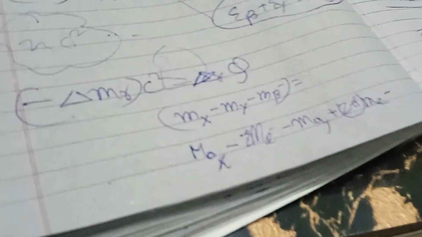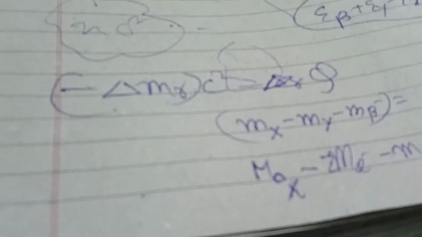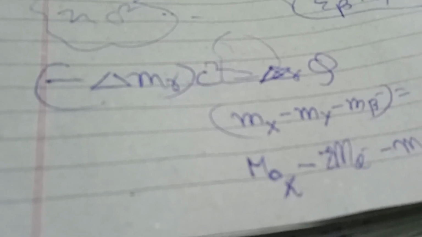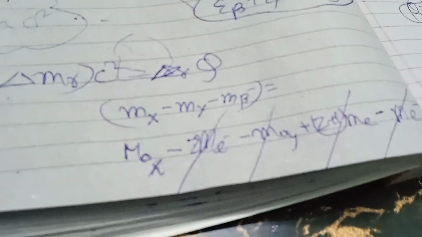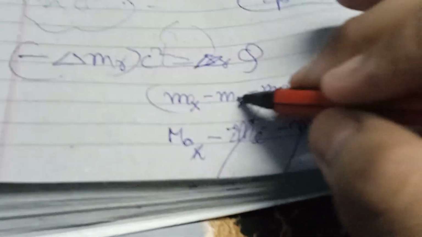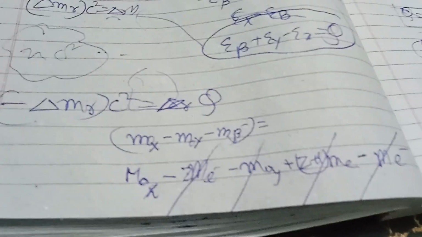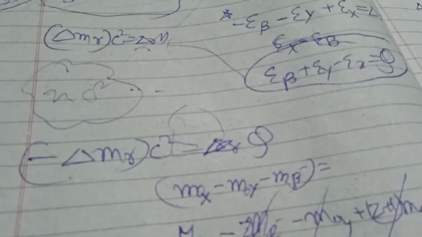Oh, here it would be plus. I'm sorry. Minus m of electron. This gets cancelled. And here instead of anything we can put m naught. So this is it for beta minus and alpha.